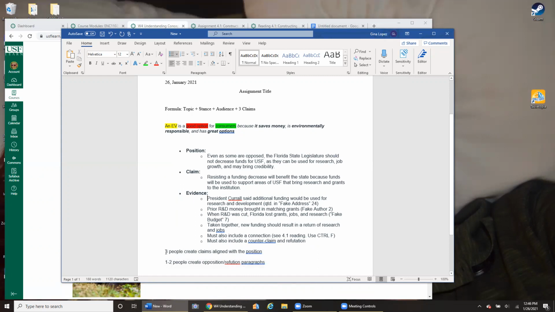And for every group, I'm going to see 3-ish people focusing on claims aligned with their assigned yes or no position. And then 1 or 2 of the people in that group are going to turn in the oppositional idea to the yes or no they were already assigned, and how they can refute the opposite side.